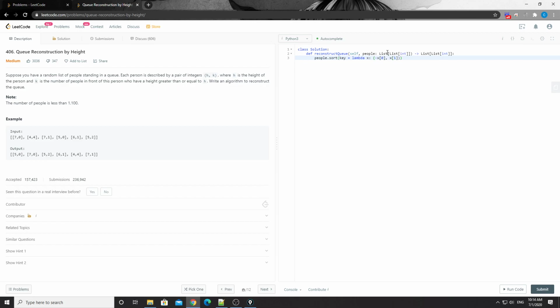So after this, we're sure we're sorting the highest one at the beginning, and for the same height, we sort the index from smallest to biggest, ascending order. And then we just do a loop here. First, let's define an answer output here.